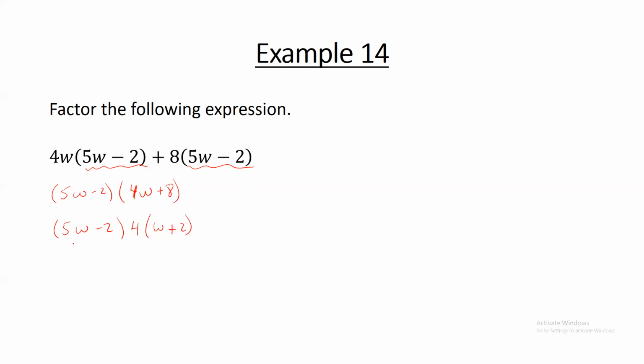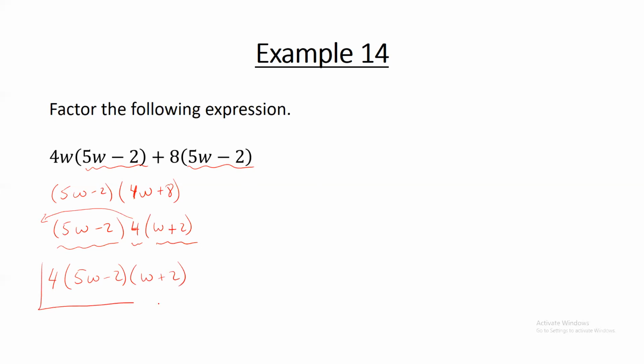At this point, you technically have your final answer, but because the 5w minus 2, 4, and w plus 2 are all numbers we multiply, and it doesn't really matter what order we write numbers that we multiply, we usually, if there's a number, write it out front. It makes it look prettier. So we would write our answer as 4 times 5w minus 2 times w plus 2.